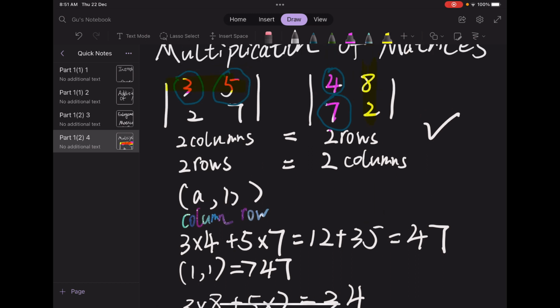And then we do the same thing for the second row of the first matrix. You guys can have a try. You guys can pause the video and have a try.